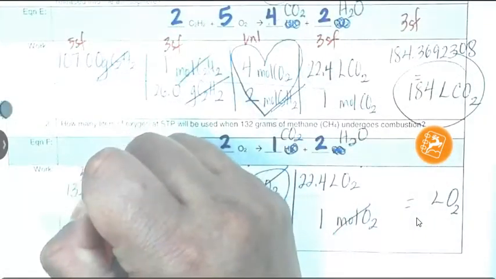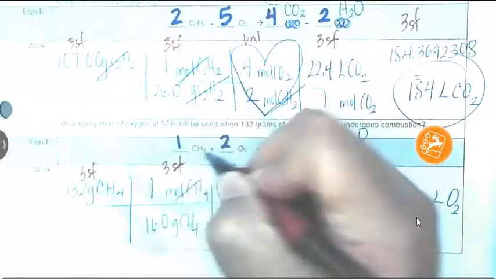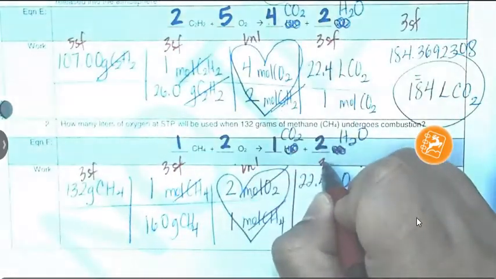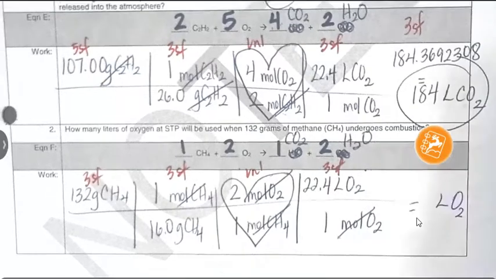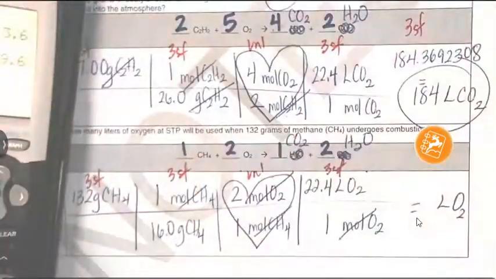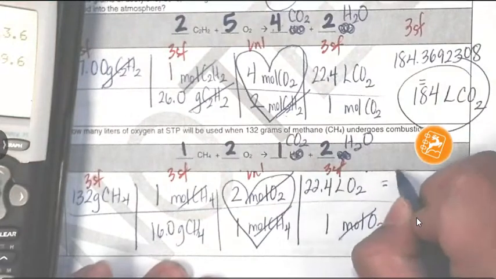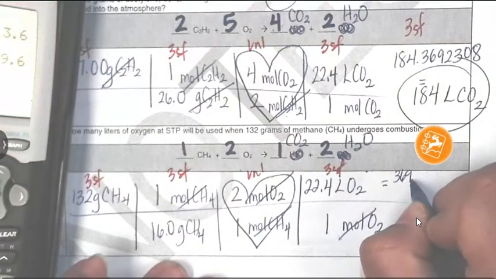Checking our sig figs. 3, 3, unlimited, 3. So I take 132 times 2 times 22.4 divided by 16. You should get 369.4 or 6.